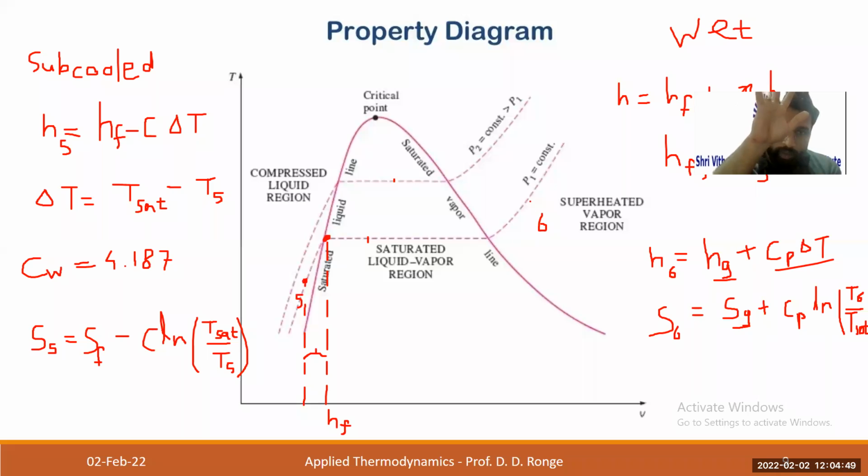In that also we are going to calculate these properties again. So if you are good at calculating the properties, then only you can calculate performance in the next chapter. So don't worry, in the next lecture I will take numericals related to steam tables.